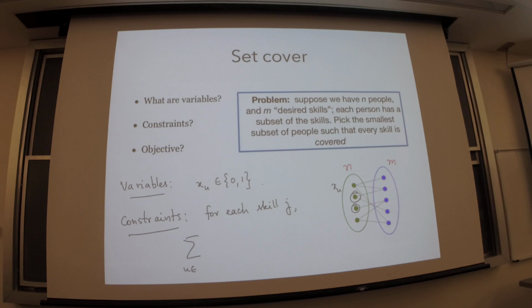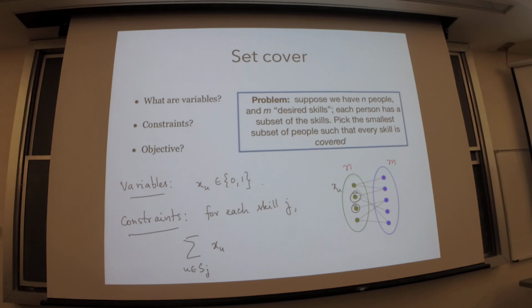Do you call it S sub j or S of j? Okay, so this is S of j, the set of all people who have the skill j. Yeah, S sub j.